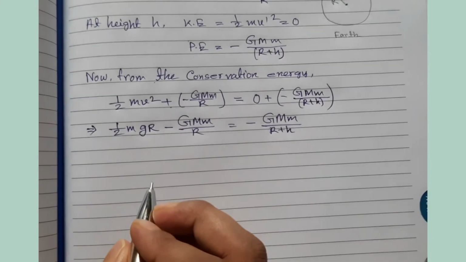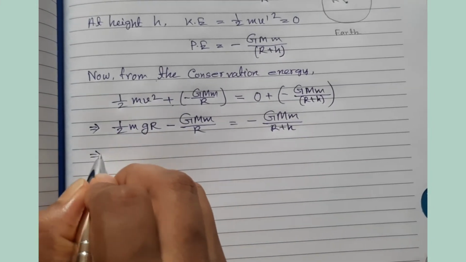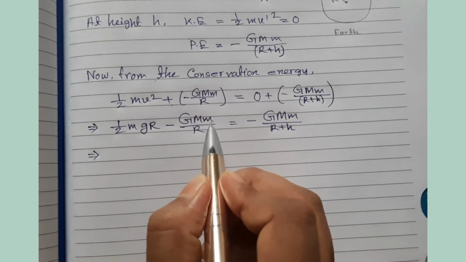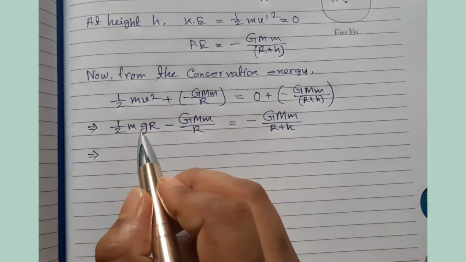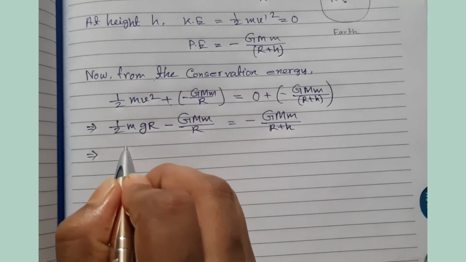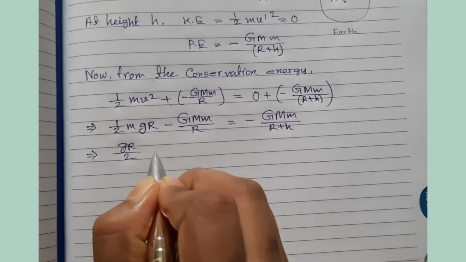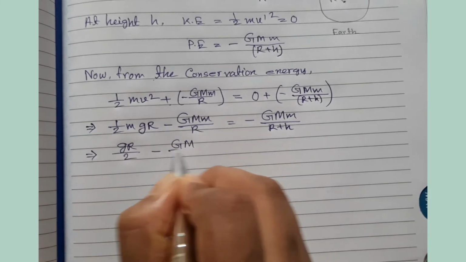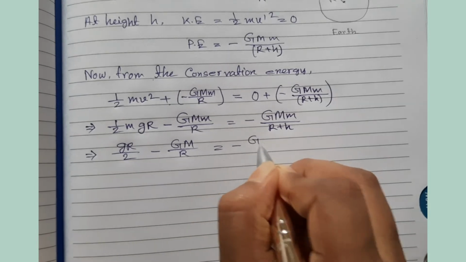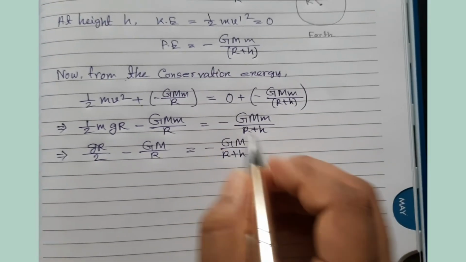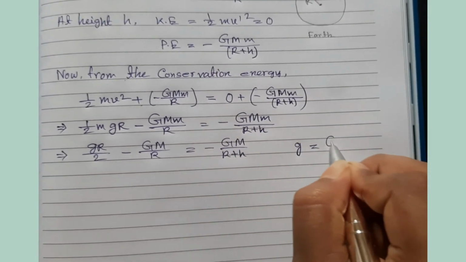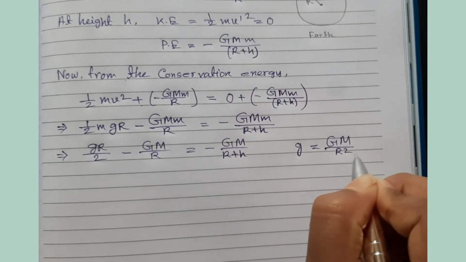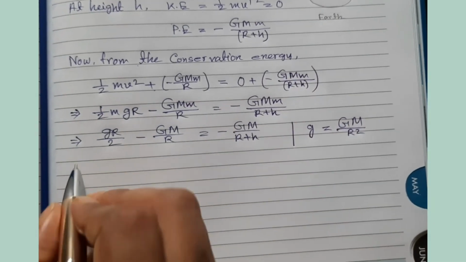Now, small m we can neglect from both sides. So, gR by 2 minus GM by R equals minus GM by R plus h. Also we know that g equals GM by R square. So we can put it here.